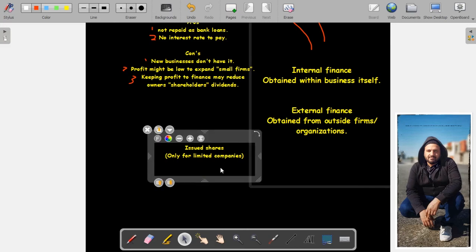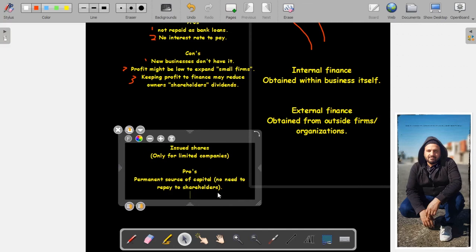The second advantage is that you don't need to pay any interest. So these are the pros.